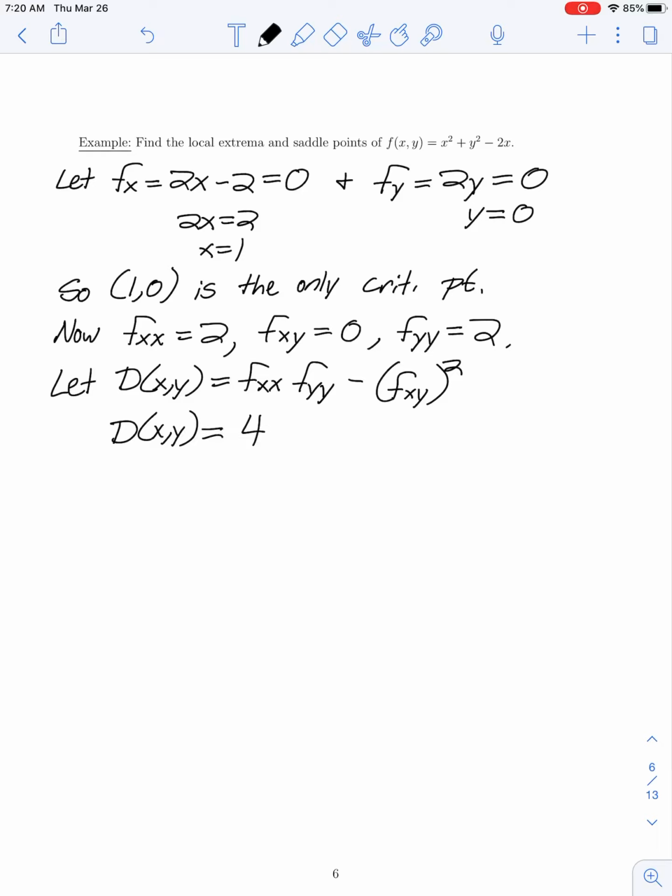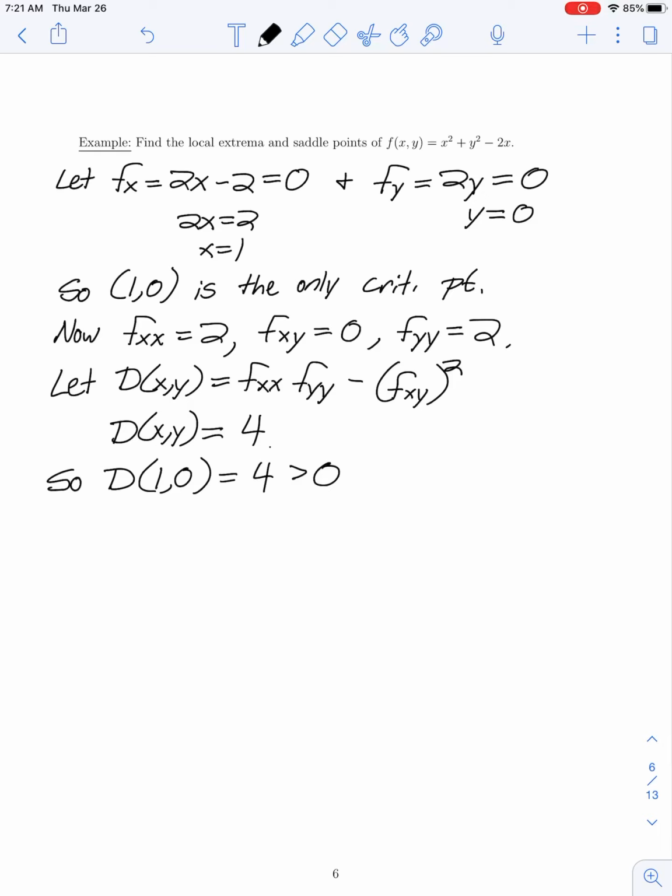So, in this case, our discriminant D of x,y is 2 times 2, or 4, minus 0. We have a constant value for our discriminant. So if we were to look at the discriminant D at our critical point (1, 0), well, it's a constant function. It's always equal to 4, which is a positive value.